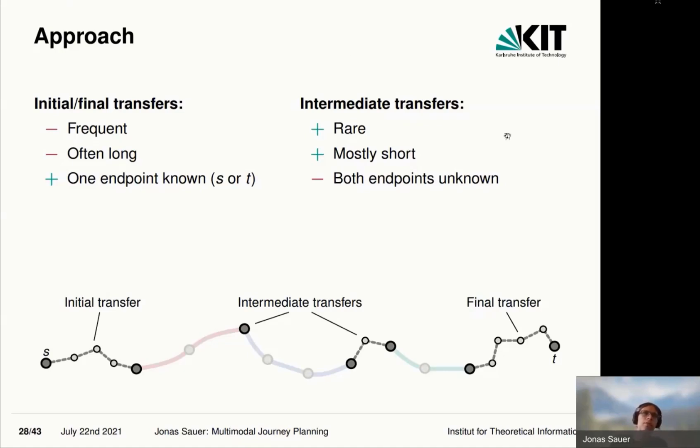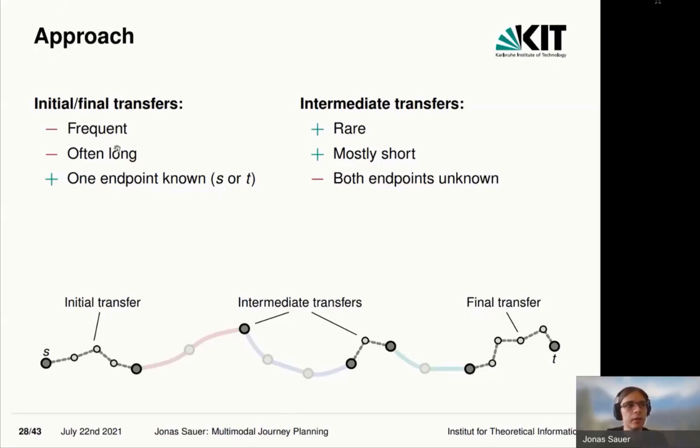As for intermediate transfers, they are rarer, and when they do occur, they are mostly short. So we might transfer from one station to a neighboring station, but we probably in most cases won't be needing to walk across town or even walk to a nearby town between two public transit trips.